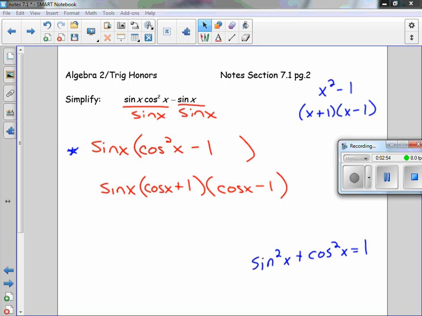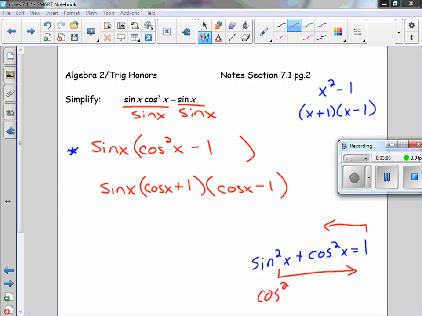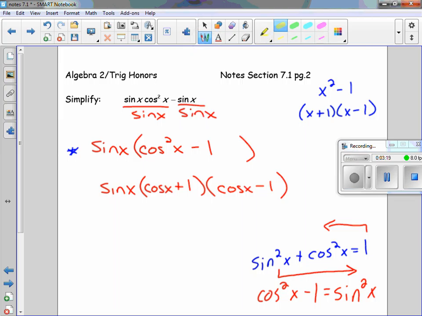So we can rearrange what we have here to match that. All right, if I move this 1 over and this sine squared over to the other side, we would have cosine squared x minus 1 equals negative sine squared x, right? So we could actually replace this with this, right?